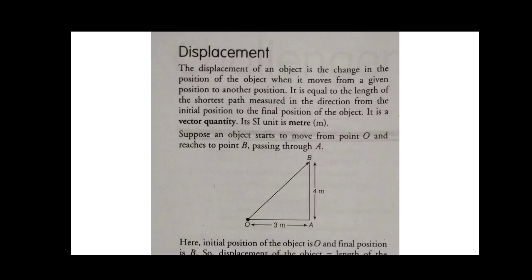Okay, so in displacement we are considering only the ओरिजिनल पोजीशन जहाँ से हमने शुरू किया था एंड द फाइनल पोजीशन दैट इज़ आवर डेस्टिनेशन. ओके, मेरा जो ट्रैवलिंग पाथ है वो मेरे घर से स्कूल तक है, तो मुझे वही कंसिडर करना. मेरे घर से स्कूल तक जो शॉर्टेस्ट डिस्टेंस है, इट विल बी द डिस्प्लेसमेंट. नाउ वेयरएवर आई हैव मूव्ड, मैं किस किस पोजीशन में गई हूँ उसको कंसिडर नहीं करना है. सिर्फ मेरे घर से स्कूल तक का जो शॉर्टेस्ट डिस्टेंस होगा दैट आई विल कंसिडर एज द डिस्प्लेसमेंट.